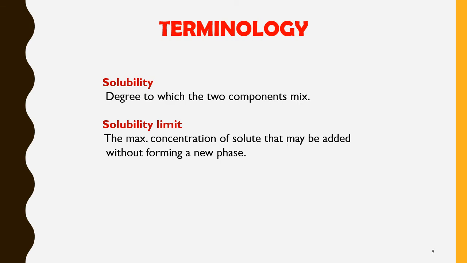Another terminology is solubility. Solubility is the degree to which the two components can mix together. And we also have solubility limit. This is the maximum concentration of solute that can be added without forming a new phase.